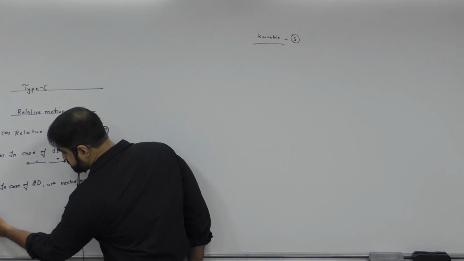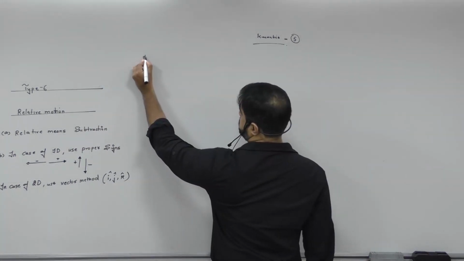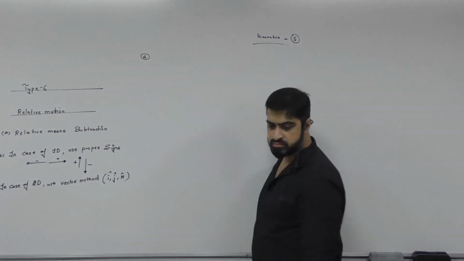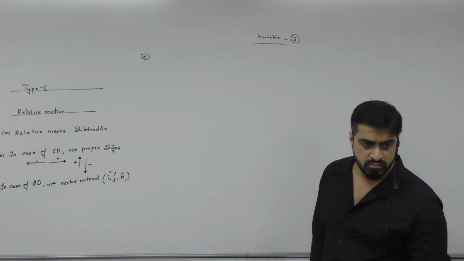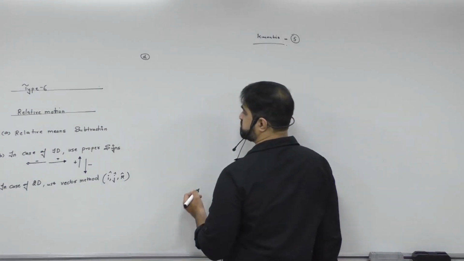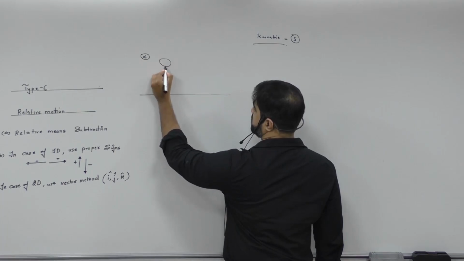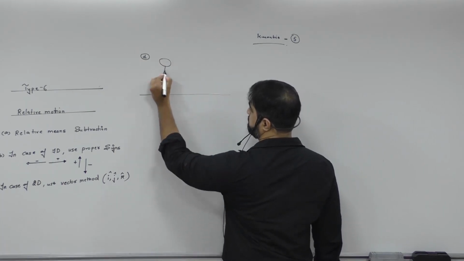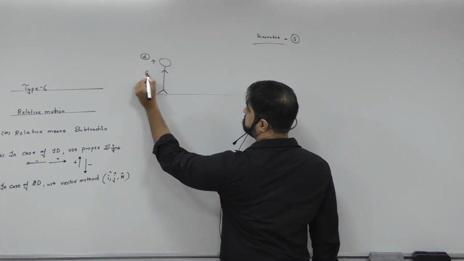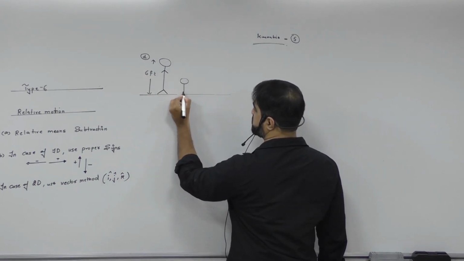Next point, how to explain relative motion? Suppose there are two persons. One is a tall person of 6 feet. Other is a short person of 3 feet.